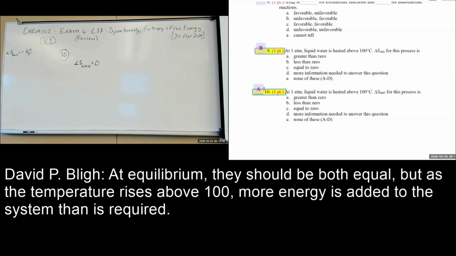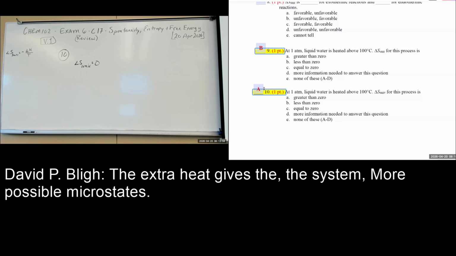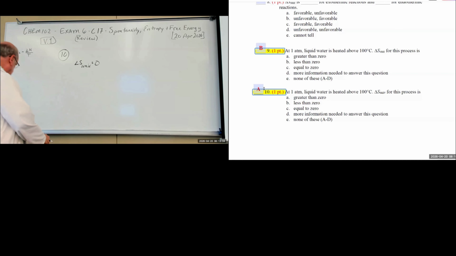At equilibrium, they should be both equal, but as the temperature rises above 100, more energy is added to the system than is required for the transition. The extra heat gives the system more possible microstates.